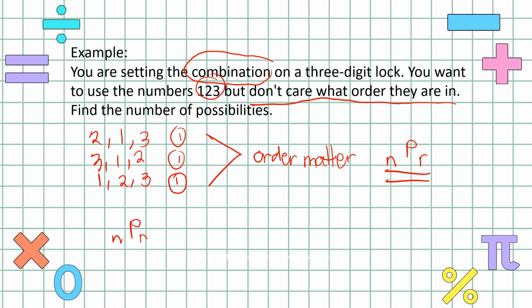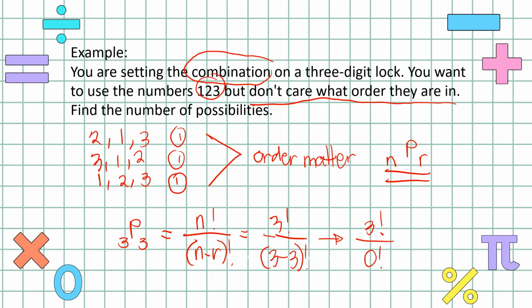So the next question is, what is our n and what is our r? Since we have a total of 3 options between 1, 2, and 3, n becomes 3. And how many are we taking at a time? We are taking everything, selecting 3 at a time. So r is also 3. So in our formula, n factorial over n minus r factorial, we will have 3 factorial over 3 minus 3 factorial, and that is 3 factorial over 0 factorial.